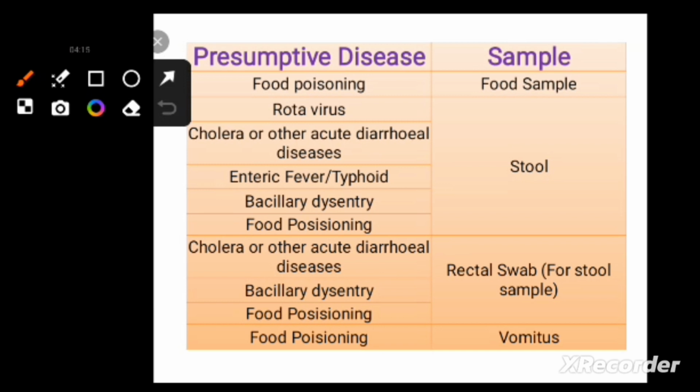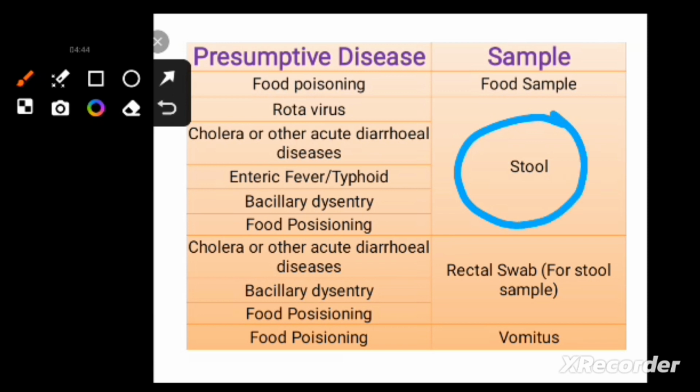This stool sample should be collected in a sterile container and it should be transported to the laboratory as early as possible. If it is not possible to transport it within 1 hour, it should be transported to the respective lab by placing it in CB media, which is the transport media, and also maintaining the cold chain. Okay.